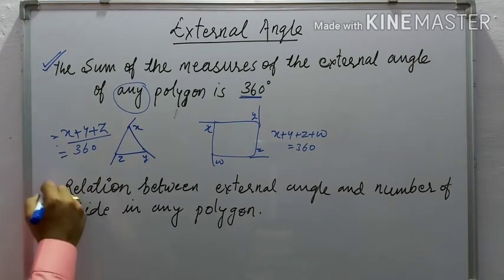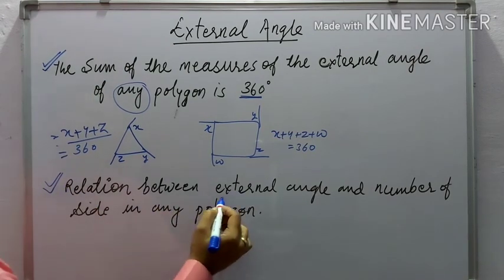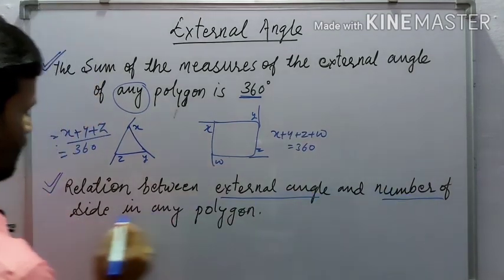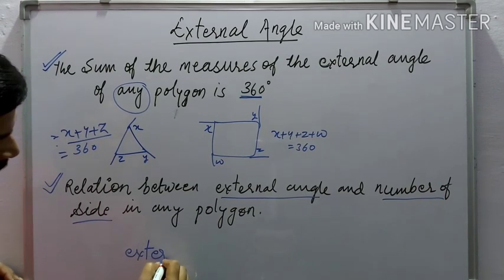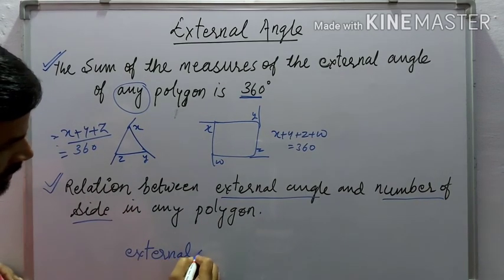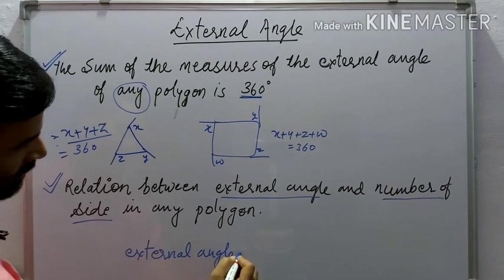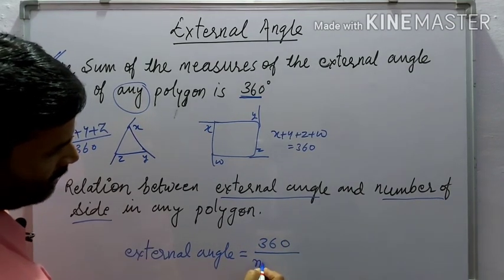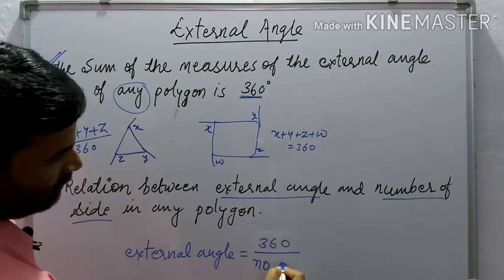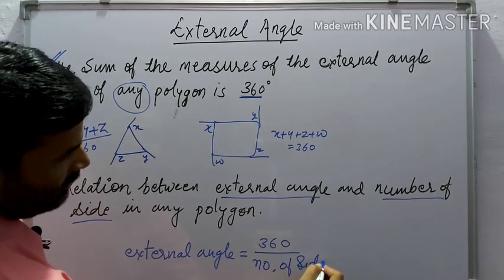And the second relation, between the exterior angle and the number of sides of any polygon: exterior angle is equal to 360 upon number of sides.